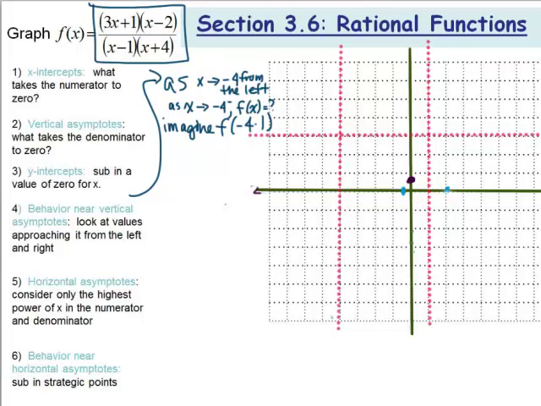You can see that for this one, if we subbed in negative 4.1 or negative 3.9, a little bit to the left or a little bit to the right, it's going to be the same. It's going to be about negative 12 plus 1, so it's going to be negative.